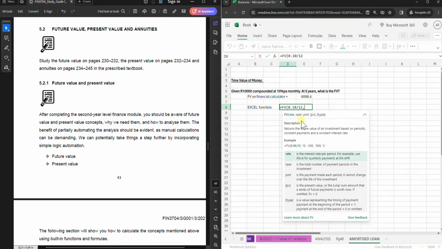Okay, then comma, n is the number of periods. So in this case, 5 times 12, because I have 12 months. Okay, let's put that in a bracket just in case. Okay, and then next line item is the payment. There is no annuity here, so we would show a 0.